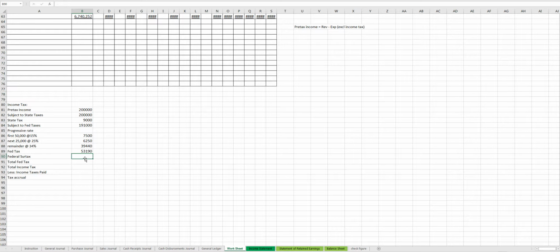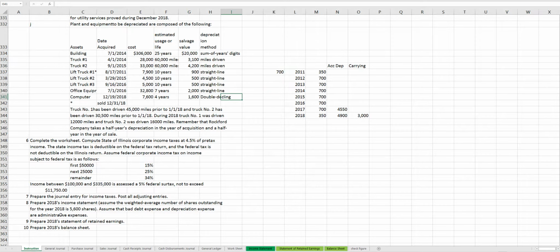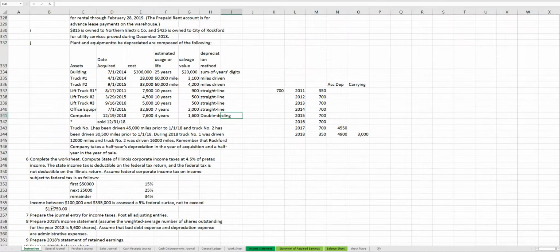Based on the question, we also have the federal surtax. The federal surtax is charged on income above $100,000.